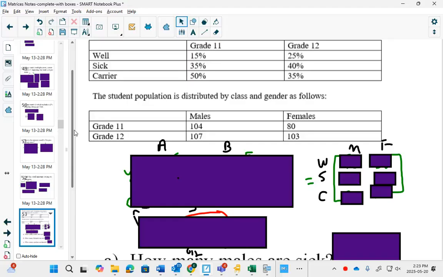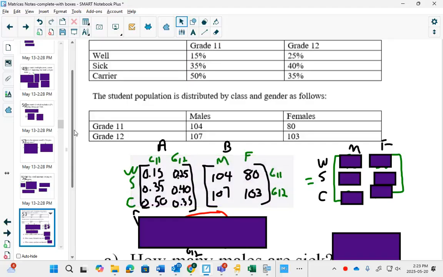But what we're going to do is we're going to set up a matrix. If I set up the well, sick, carrier with grade 11s and 12s, again, I would probably set it up just like the chart is, because it makes it easy. And then males and females just like the chart is.